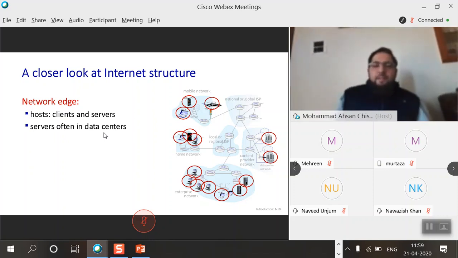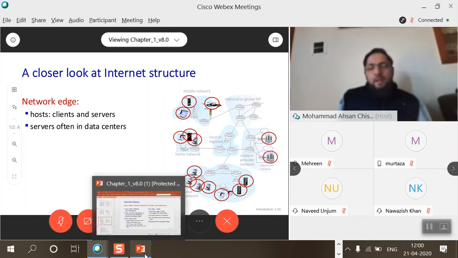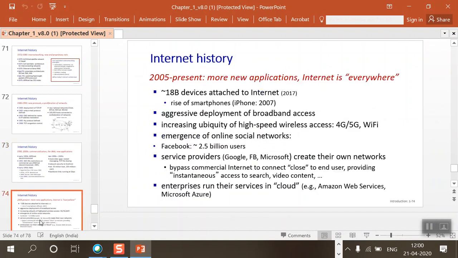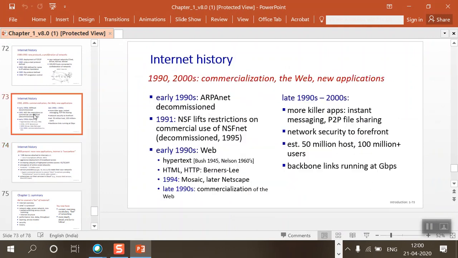Another thing that we see while moving towards the 90s is that the number of hosts crossed more than 100 million. We had applications wherein instant messaging started. Probably you might not have heard of those types of instant messaging at those times. There came P2P file sharing.